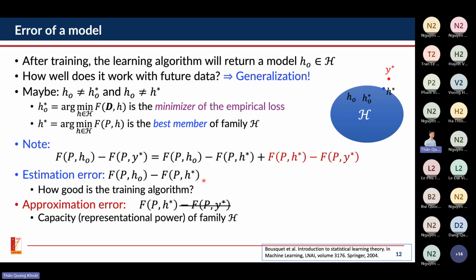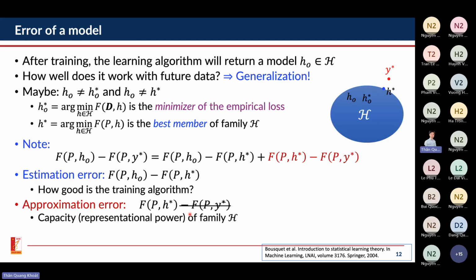These quantities represent how good a training model is. For one problem, we may have different learning algorithms, right? And in practice, you need to choose a specific one for your problems. And if your learning algorithm is very strong, then with a high probability, it can return a very good model, right? So in that case, this error should be small.